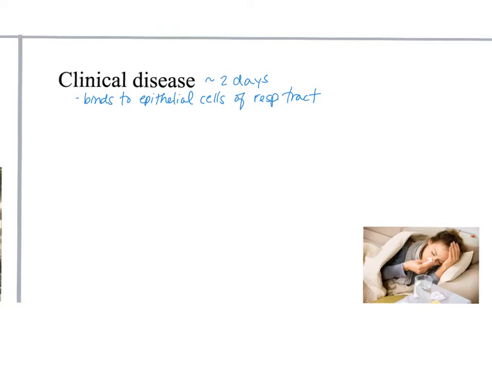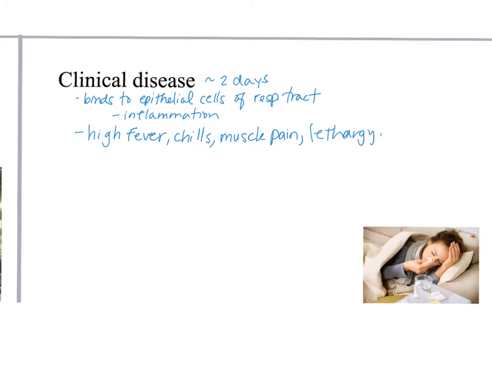So it's killing the host cell and causes lots of inflammation, lots of cytokine release. Okay, so we see high fever as a result of that cytokine release, chills, muscle achiness, muscle pain, lethargy, cough, again, respiratory illness, lasts 7 to 10 days.